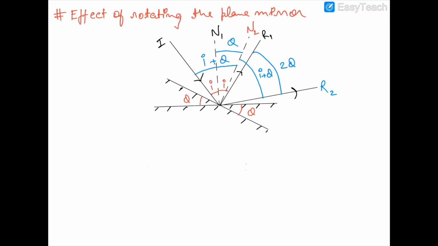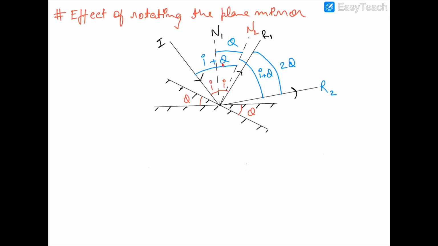If I've rotated the mirror, then its normal will also rotate in the same sense by the same angle. Hence the normal will shift from n1 to n2 and the angle between these two normals will still be equal to theta. Now, as I've kept the incident ray fixed, the new angle of incidence is equal to I plus theta.